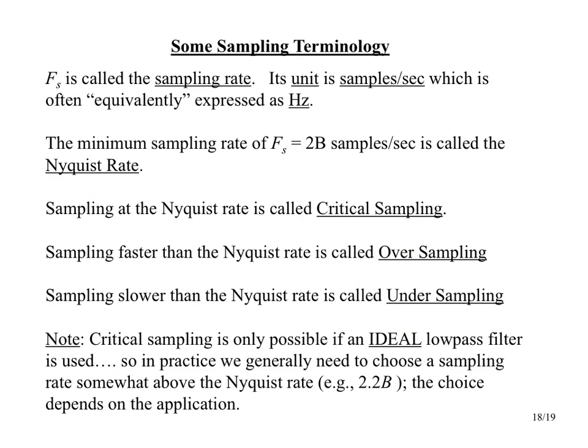So I'm going to skip over this pretty quick, just some terms that you should be familiar with from signals and systems. You should be familiar with the concept of sampling rate, the fact that we talk about it in samples per second, but also sometimes in hertz. You should know the Nyquist rate is the minimum sampling rate of 2B. When we sample at the Nyquist rate, it's called critical sampling.